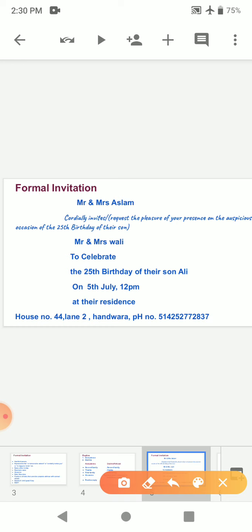So the date, venue and time are mentioned. When you invite somebody, it's important you mention the date, time, and venue. And then you have the extra details, where you have also mentioned the contact number.